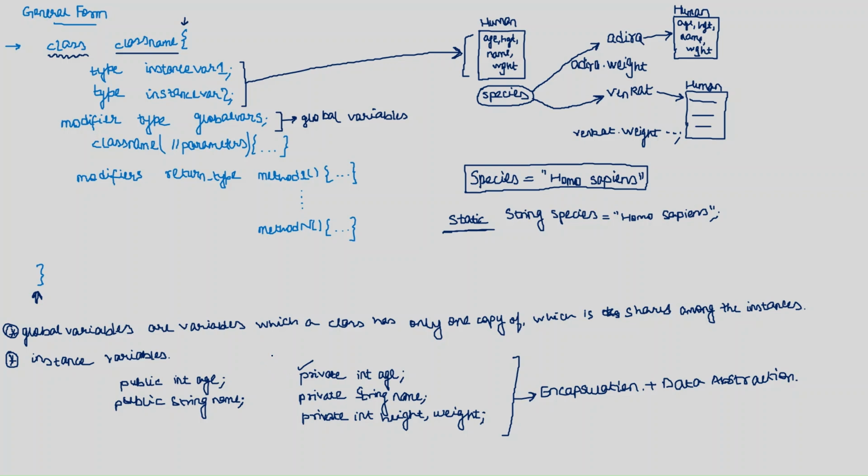Moving on, let's talk about constructors. What are constructors? Well, a short answer: constructors are used to initialize the data members of the class or the instance variables of a class.